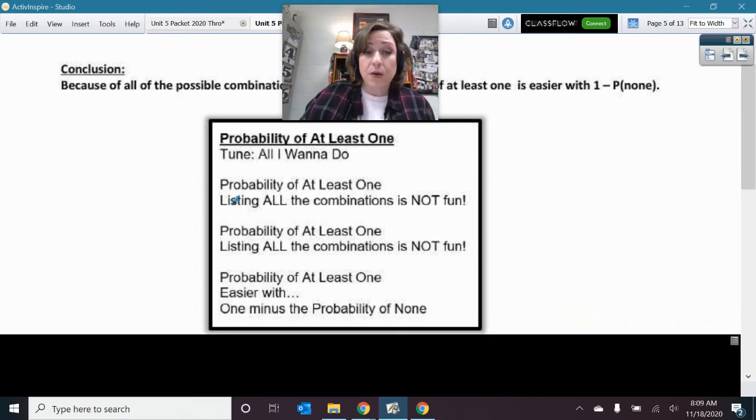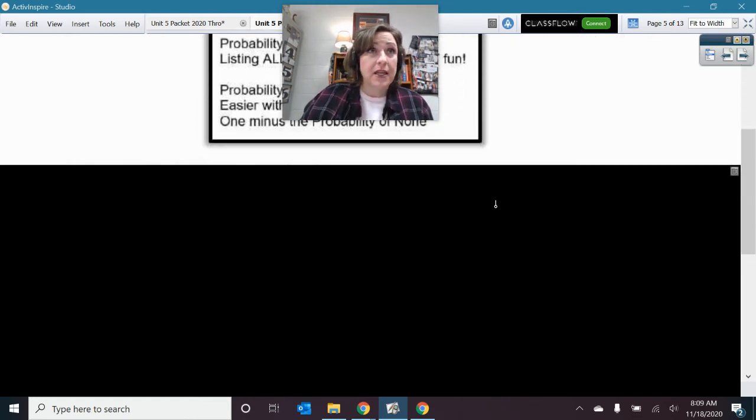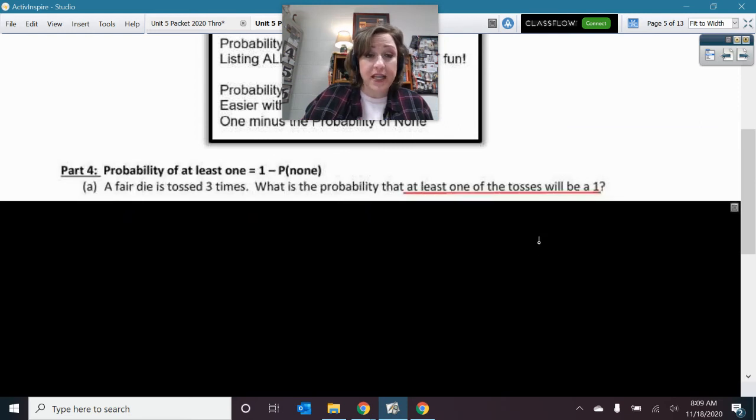I don't want to do that. Probability of at least one. Listing all the combinations is not fun, and I'm not going to do it. Probability of at least one. It's easier with 1 minus the probability of none. That's how we're going to do it. Probability of at least one is 1 minus the probability of none.